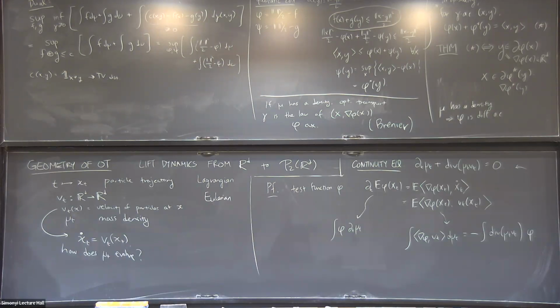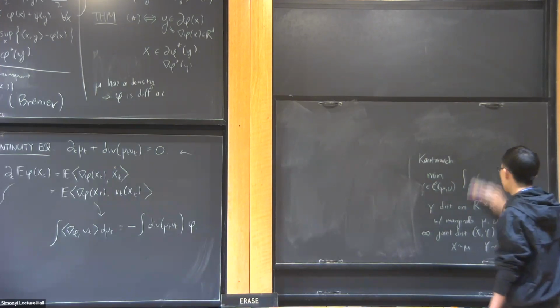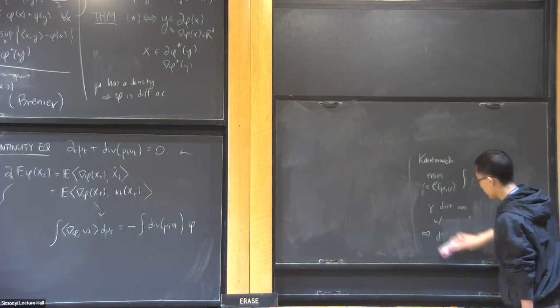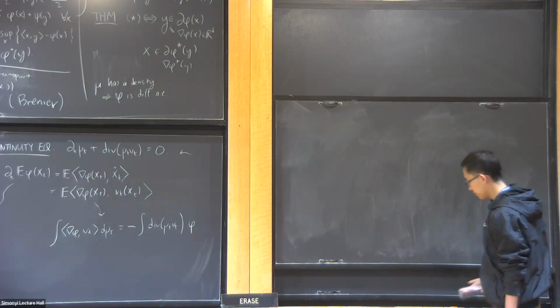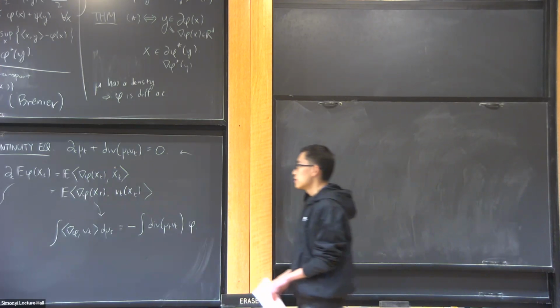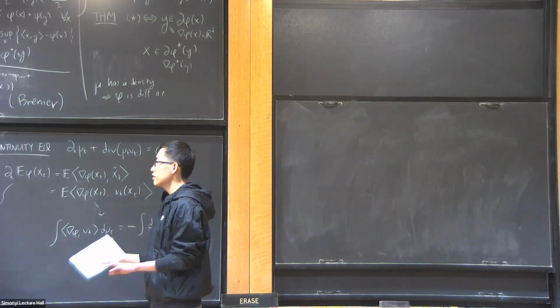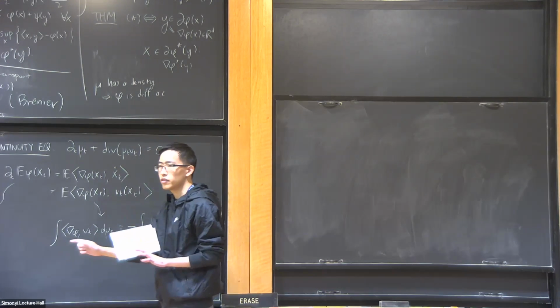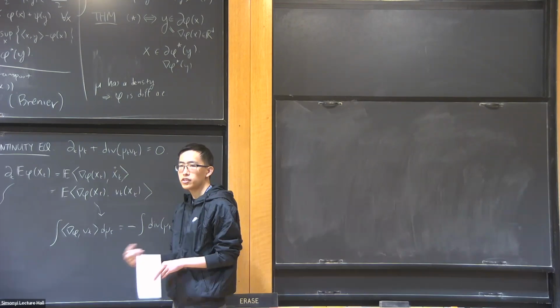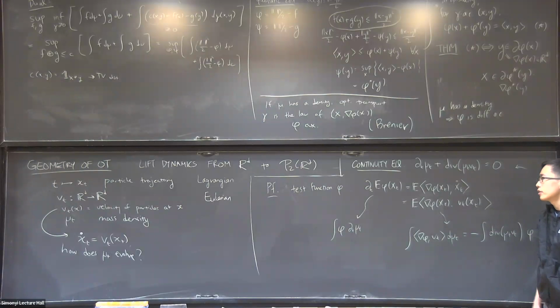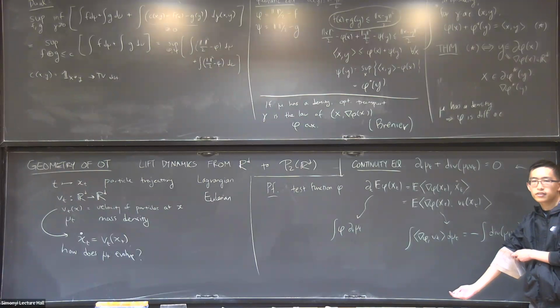So now comes the philosophical part of this talk, which is, what does this actually tell us about evolutions of probability distributions? Let's suppose I just have some curve of probability measures mu_t, and I want to understand this curve. For instance, mu_t could be the law of Langevin at time t.